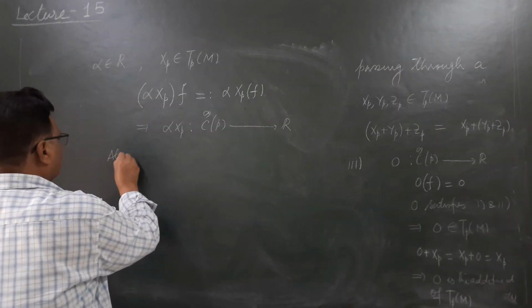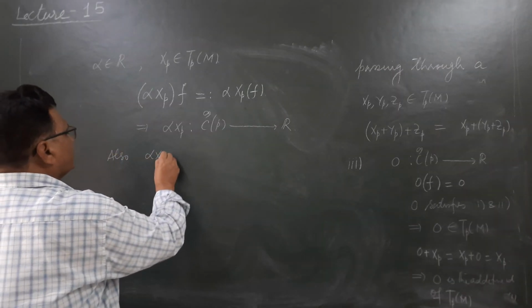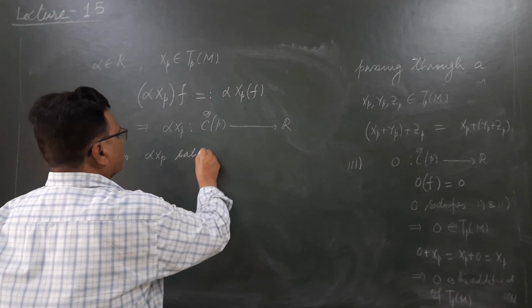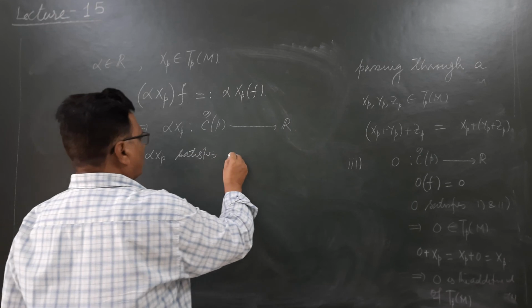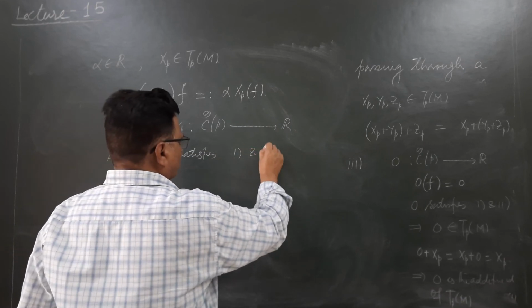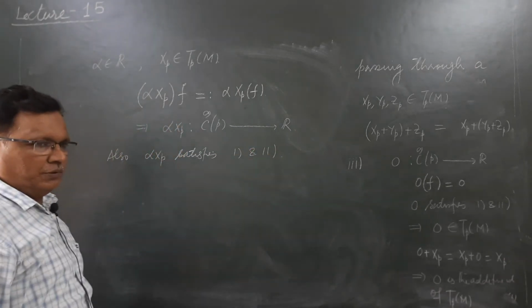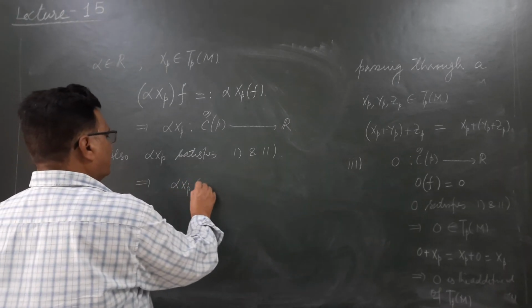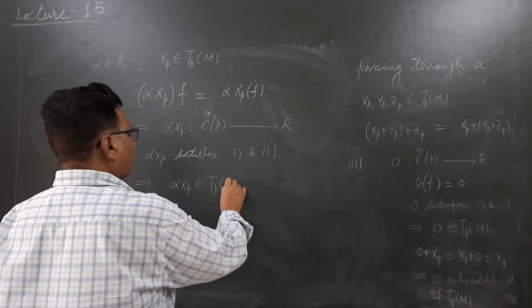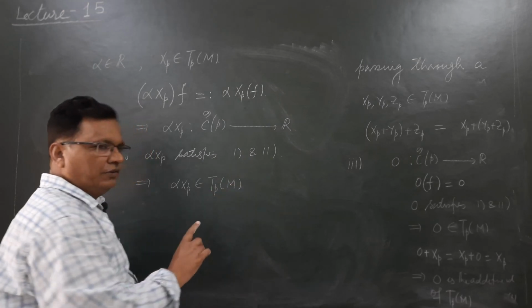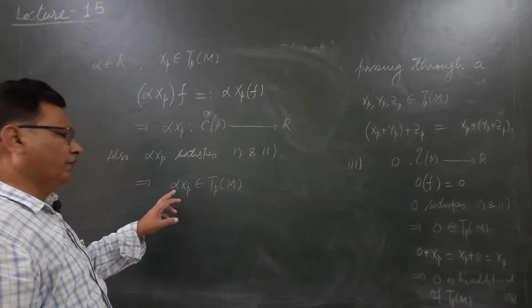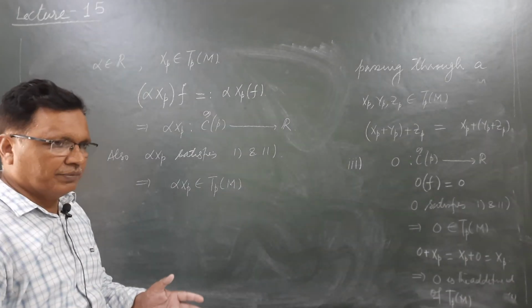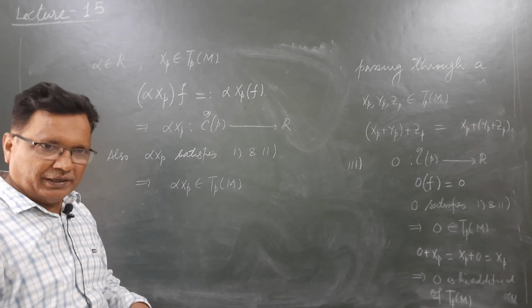Also, alpha xp satisfies number 1 and number 2, the two characterizing properties, which implies that alpha xp is a member of TpM. So not only do you have a binary operation, you have an external operation also. And once you have more than one operation, you must check the compatibility.